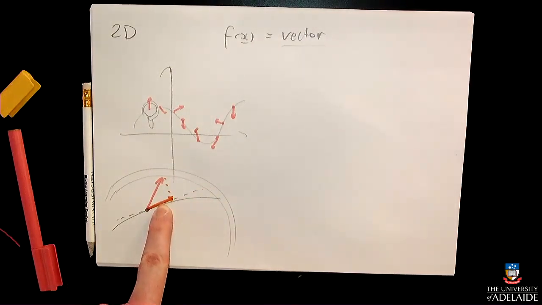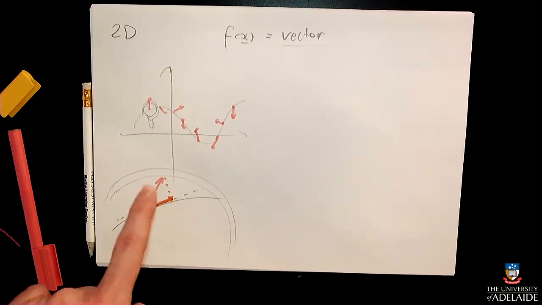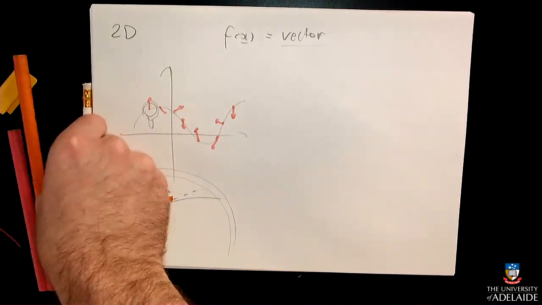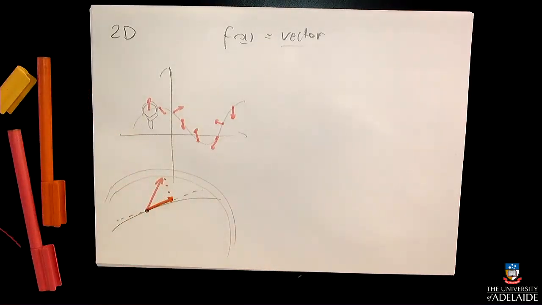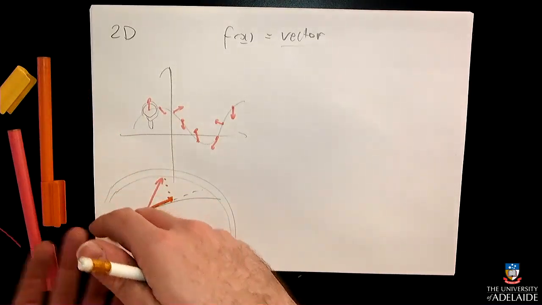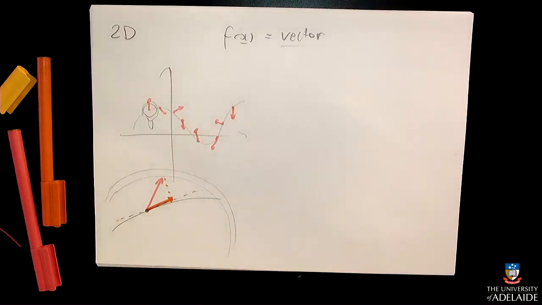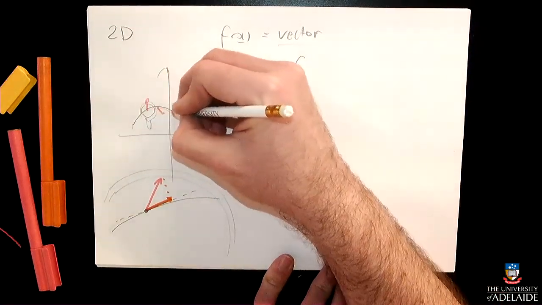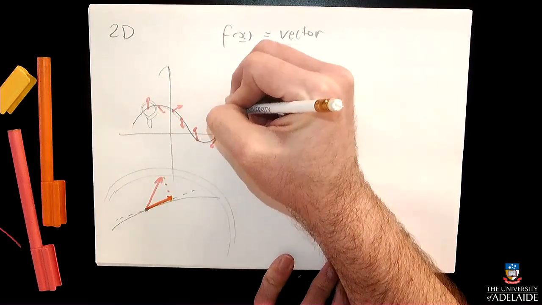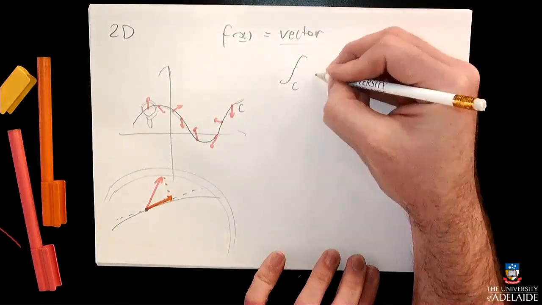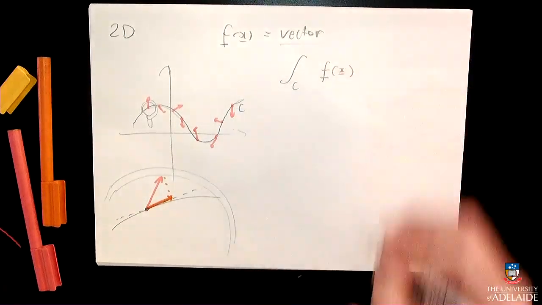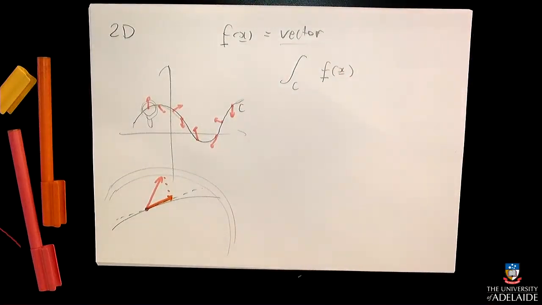So now every point on the curve gets a number, which is the component of the vector field that's in the same direction as the curve. And I'm going to add up those numbers. Sometimes they're positive, sometimes they're negative, and sometimes they're 0. I'm going to make the F bold as well, because it's a vector.